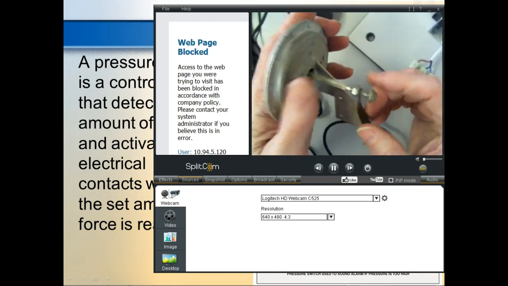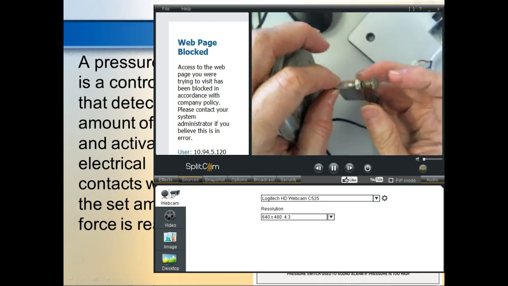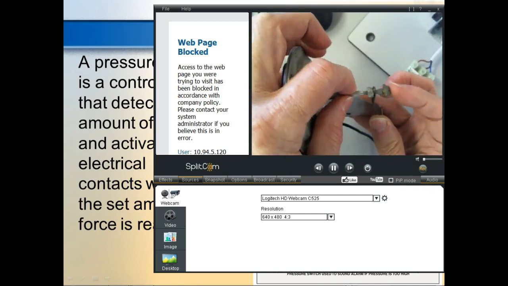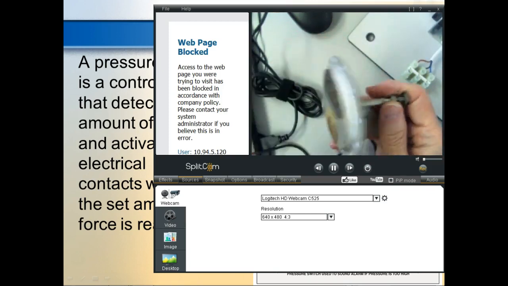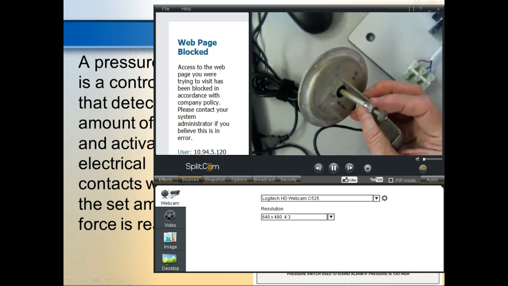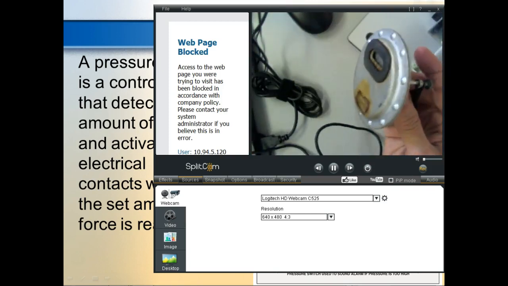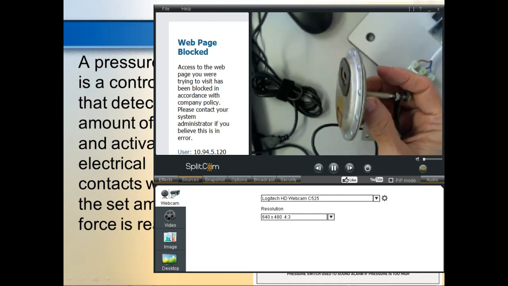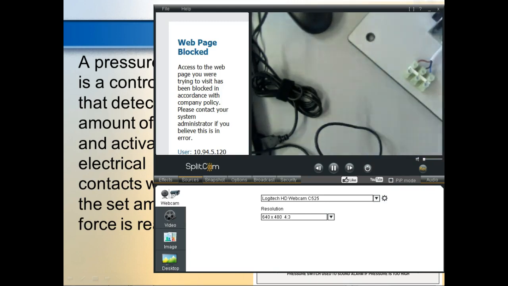And then we would maybe mount a limit switch out here. So when it got up to a certain pressure, it would do what? Break the switch. So a lot of your sensing elements on your pressure sensors and some of your temperature sensors, we have to combine with another sensor to come up with what it does. So this is diaphragm.